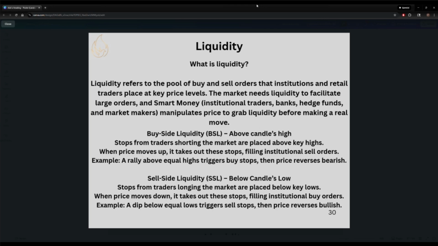Just last Friday, you saw it play by play. We had those two equal highs based off the previous weekly range, then Friday FOMC happened. We swept all those highs, and then we just dumped straight off the bat.